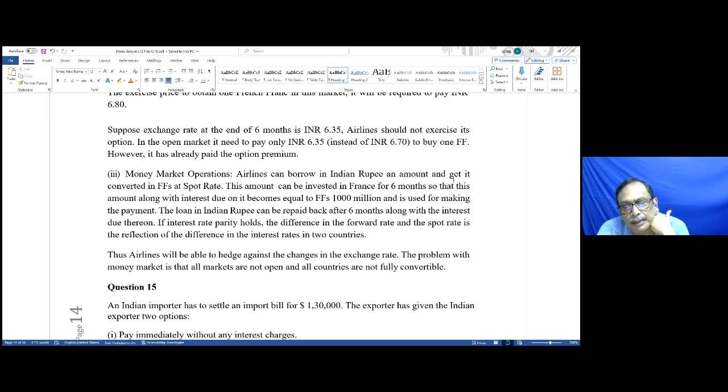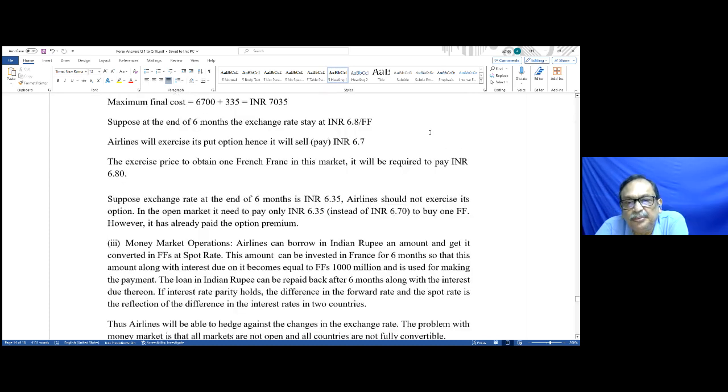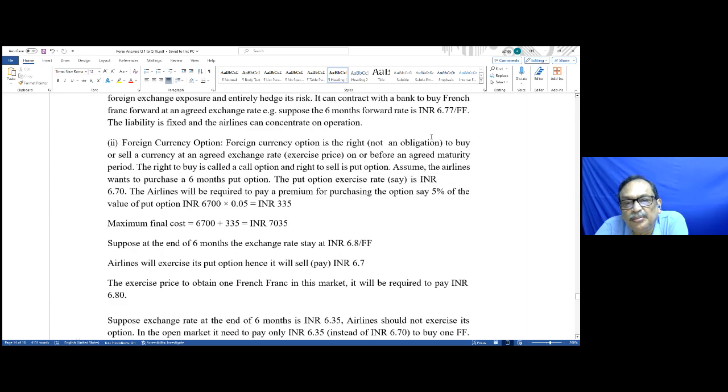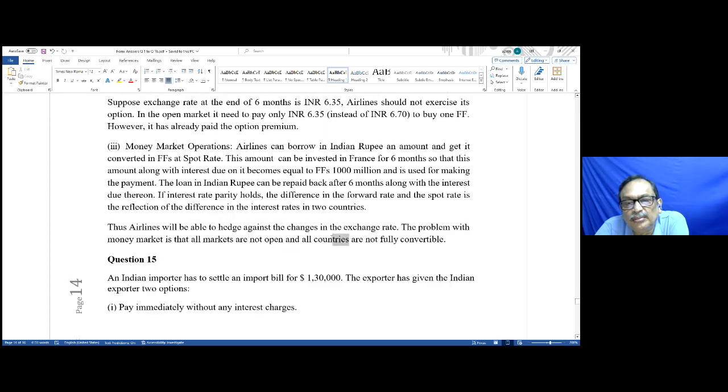The problem with money market is that all markets are not open and all currencies are not fully convertible. Okay?